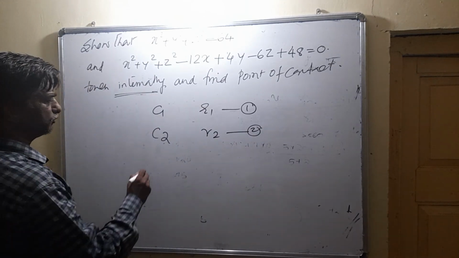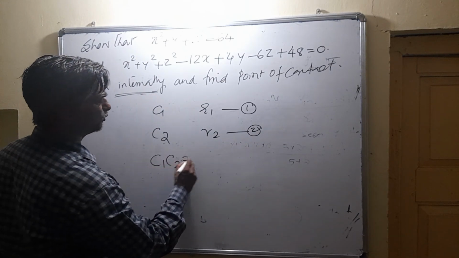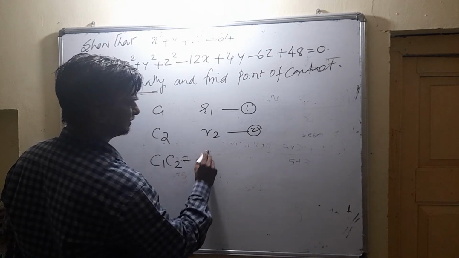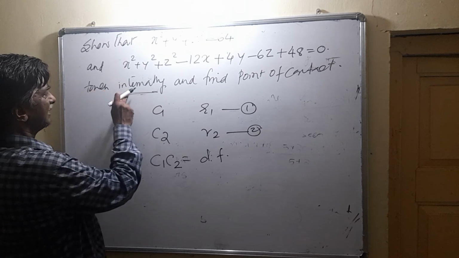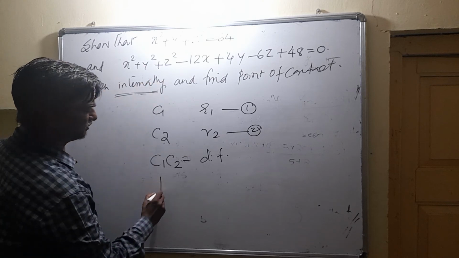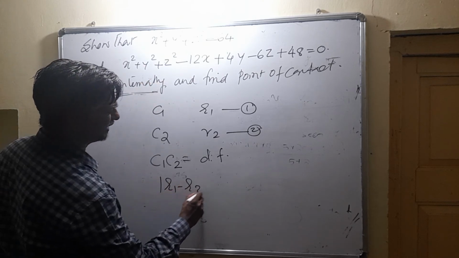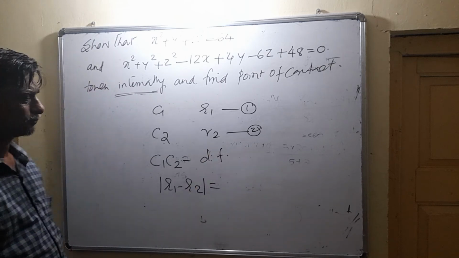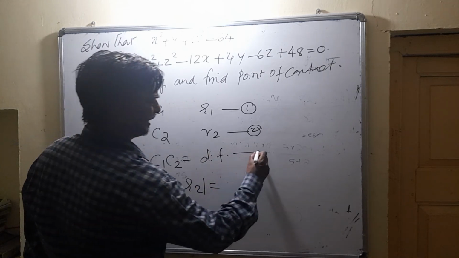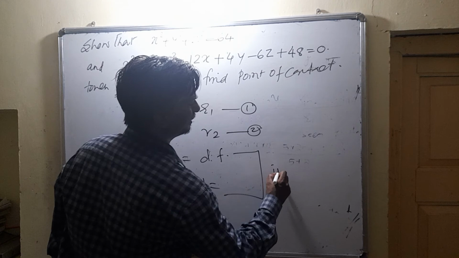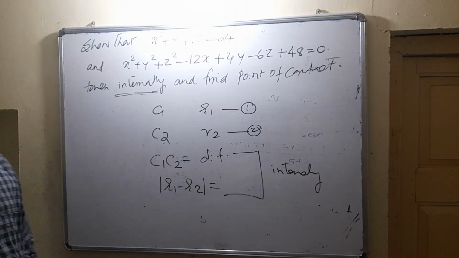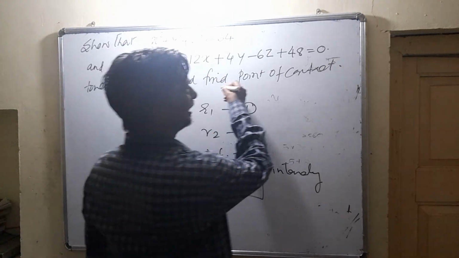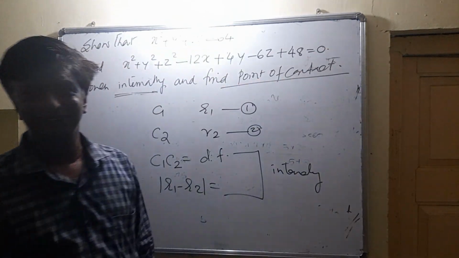After that, you find C1C2 using the distance formula. After that, what is asked? Internally, just find R1 minus R2. Compare these two and you get internally. Clear?